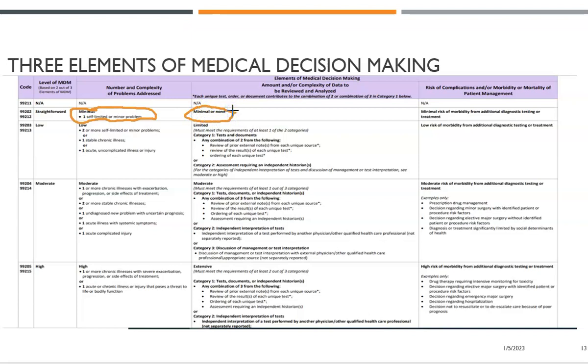There weren't any labs or x-rays, previous records to look at. Tests weren't ordered, and the risk of somebody dying from a diaper rash is very minimal. So our baby was a new patient, so a 202. So our code is a 99202 for that third case.